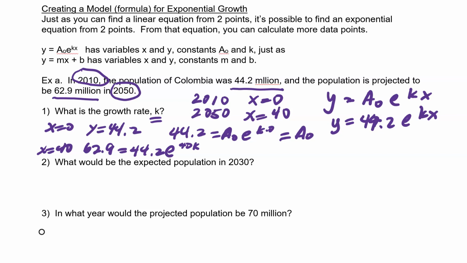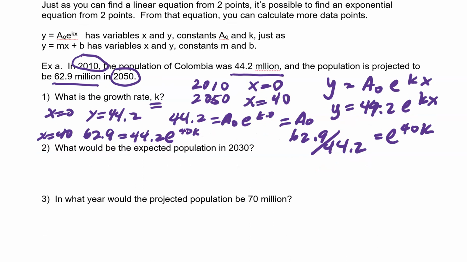If I divide both sides by 44.2, we've got 62.9 over 44.2 is equal to that isolated exponent, e raised to the 40k. Now to isolate the k, we need to take the natural log of both sides, and so I've got the natural log of this fraction, which I've calculated as 1.423 by calculator, and this is equal to 40k.